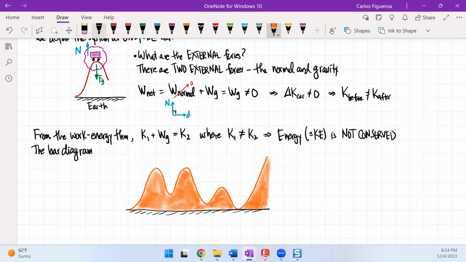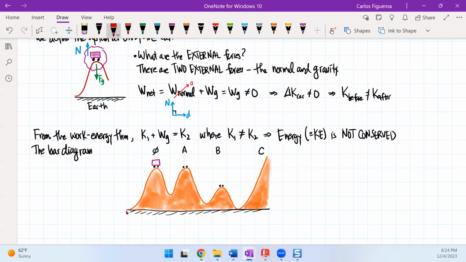So I'm going to call this point 0, this point A, this point B, excuse me, and somewhere over here is C. So what do they tell us? We have a cart here, and it starts here at point 0, and it has some kinetic energy.